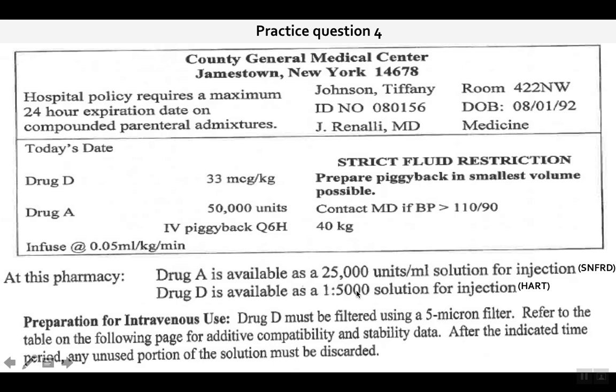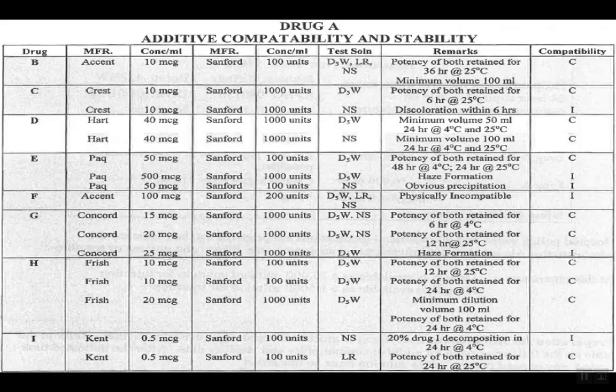That was 1 to 5,000 for drug D. This is the same as 1 gram to 5,000 mL. Okay, the 1 is always in grams. So 1 gram in 5,000 mL. The beautiful thing about this is that you could make it easier for yourself, right? You could turn the 1 gram into milligrams. So 1,000 milligrams, and you divide it by 5,000, and you get a concentration of 0.2 milligrams per mL.